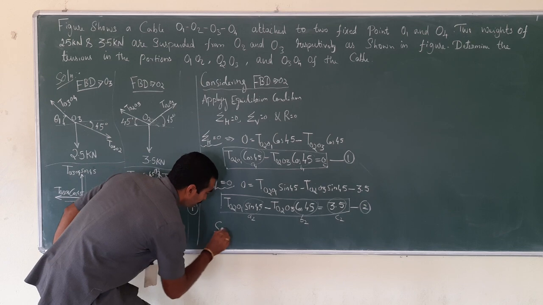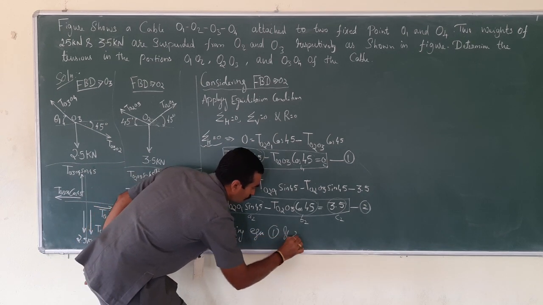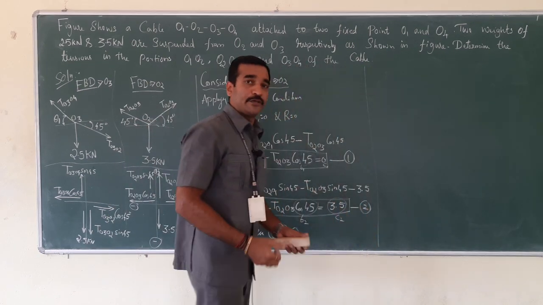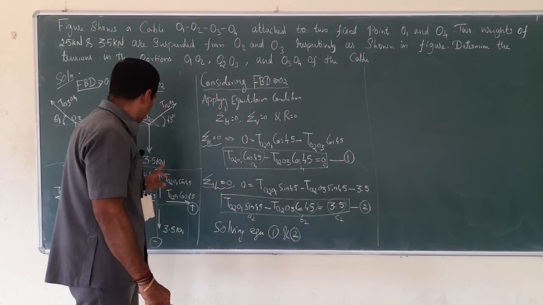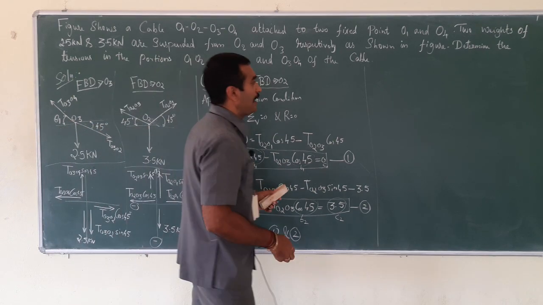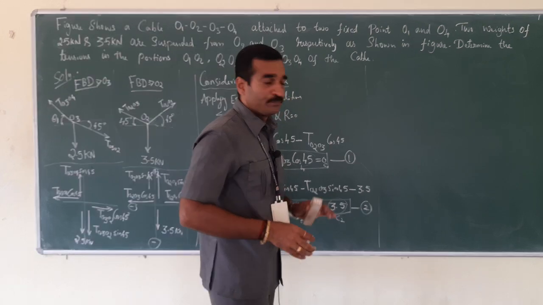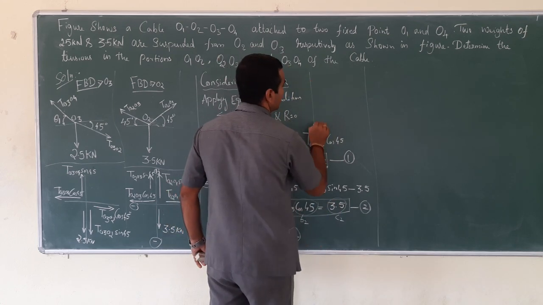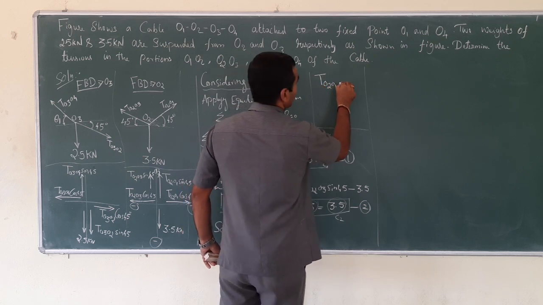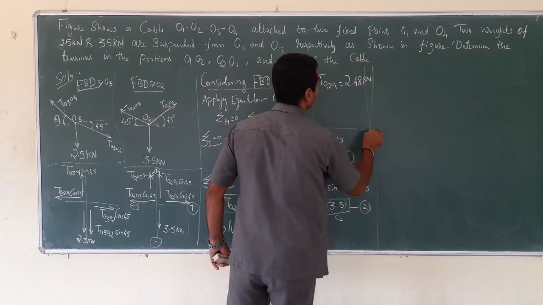So solving equations 1 and 2, you will get the answer in terms of kilonewton, because the weight which is given is in kilonewton, therefore you will get the value in kilonewton. So we'll substitute the value, you will get, let me write it here, TO2O1 can be 2.48 kilonewton, right?